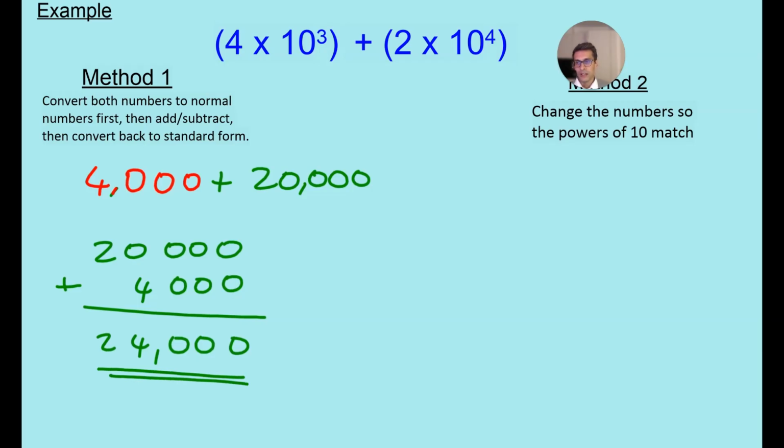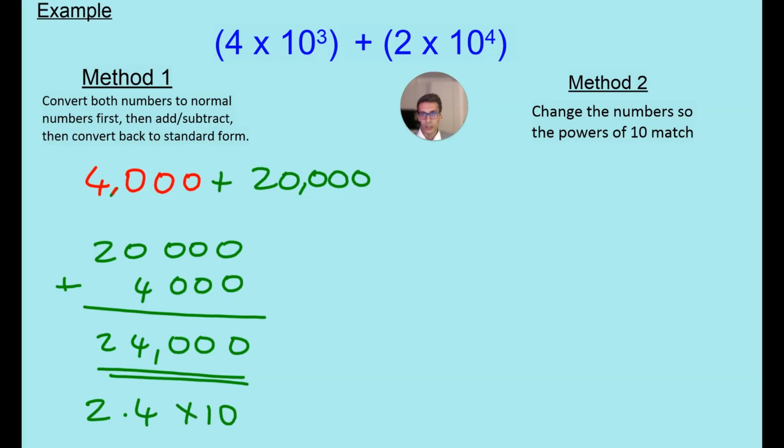Now, you will generally be expected to turn this back into standard form. So this is the same as 2.4 times 10 to the power, well, let's see where the decimal goes, 1, 2, 3, 4. So that's going to be a 4 there. So that's your answer.